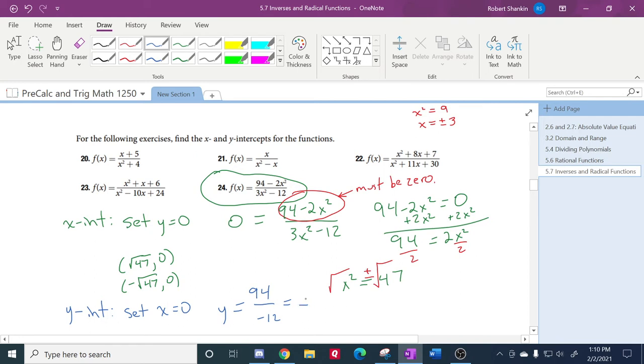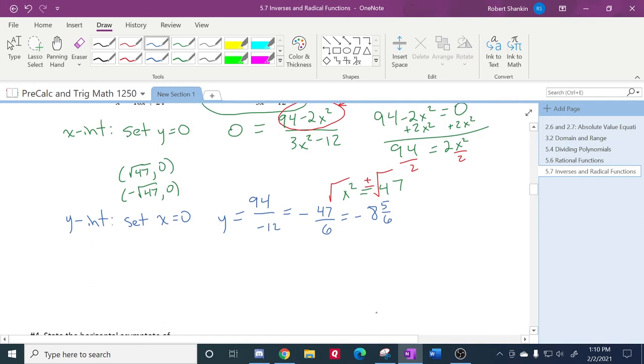And let's divide each by 2. 47 over 6. And that's the same as 6 times 8 is 48, and then there's 5/6 left over. Okay, so the y-intercept is 0, negative 8 and 5/6. Okay. Brianna, does that answer your question?